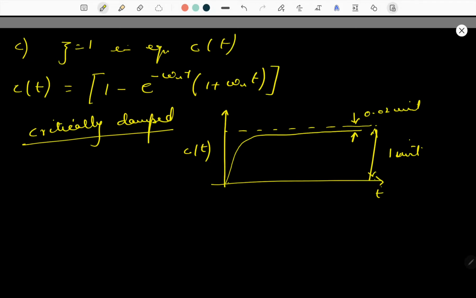And the fourth condition, the last condition, is what? D, when we have zeta greater than 1.